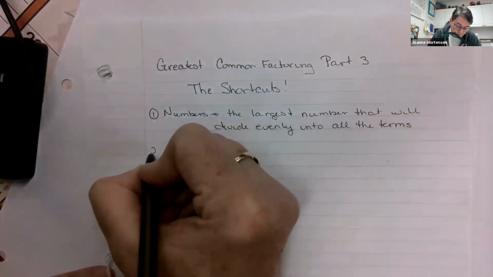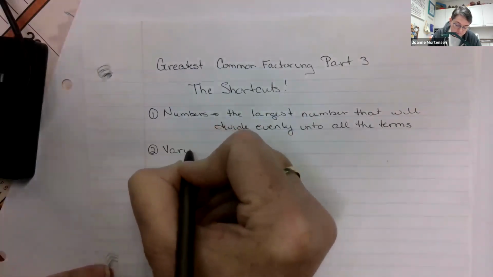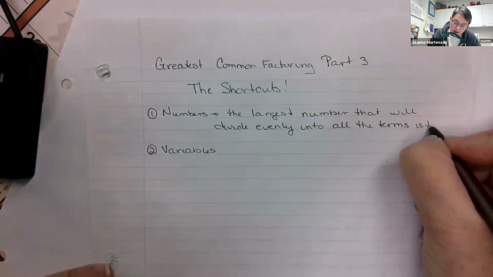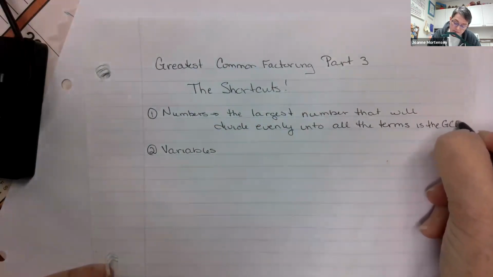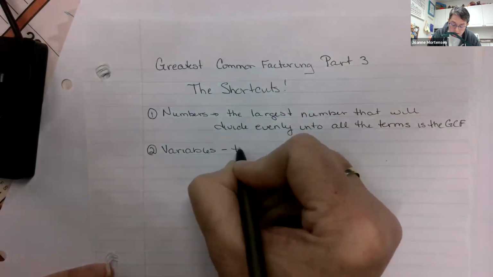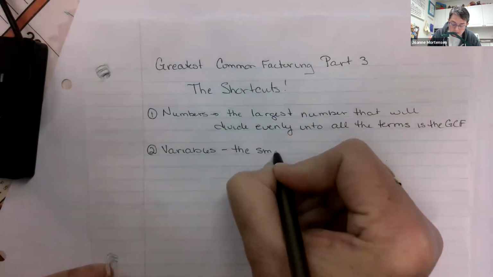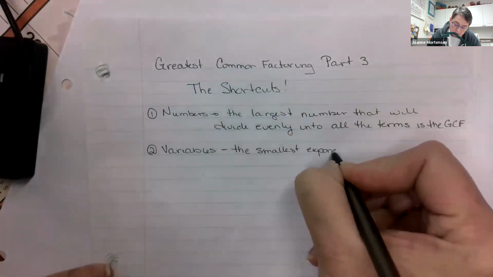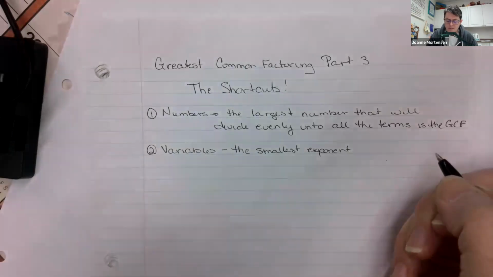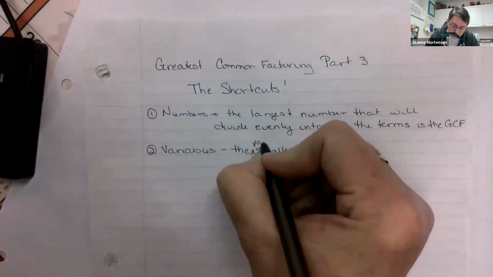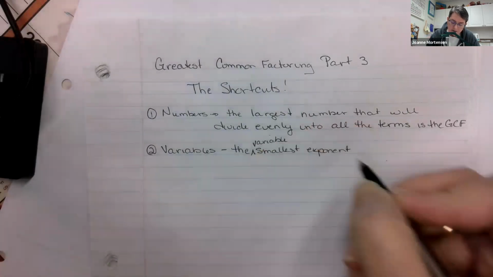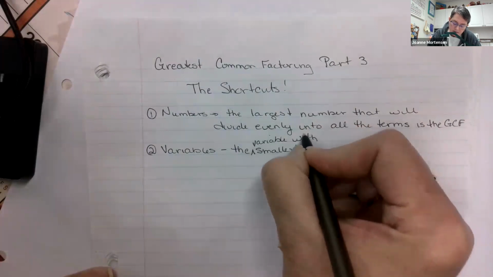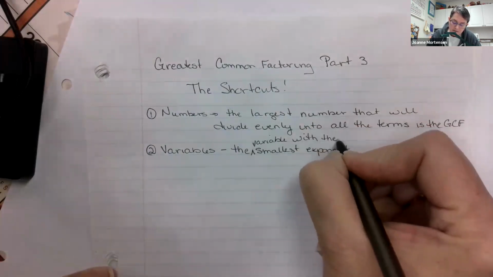Second thing, for variables, the greatest common factor is the smallest exponent of the variable that is found in all terms. Oh boy, I should have written this up ahead of time.